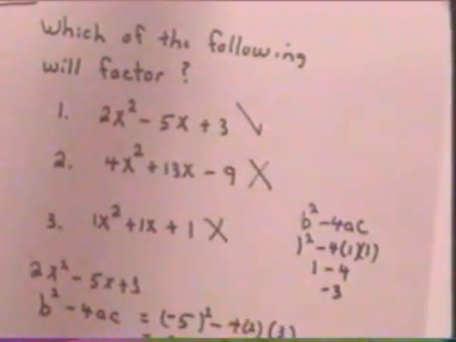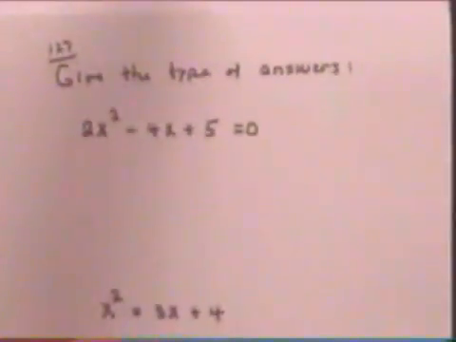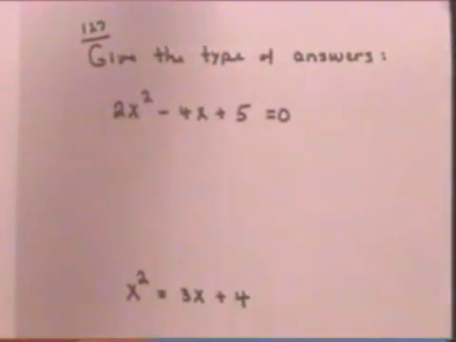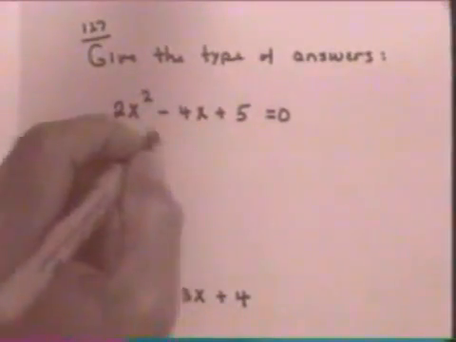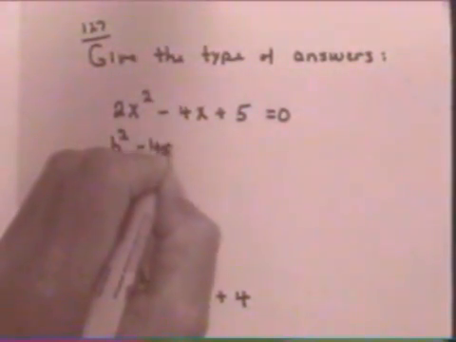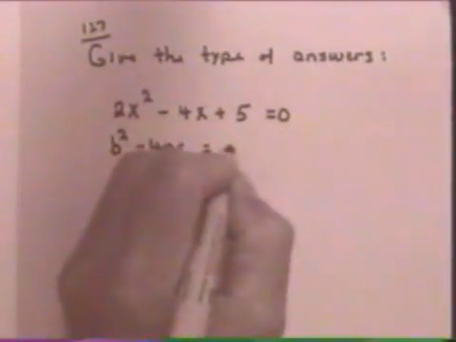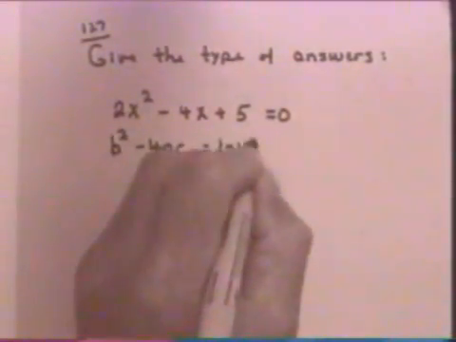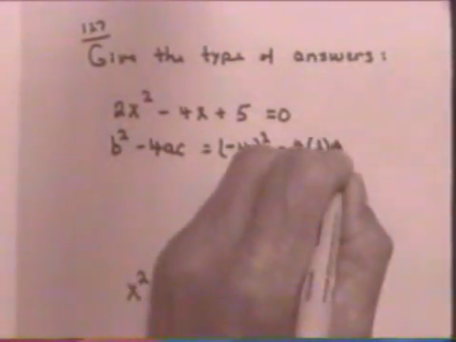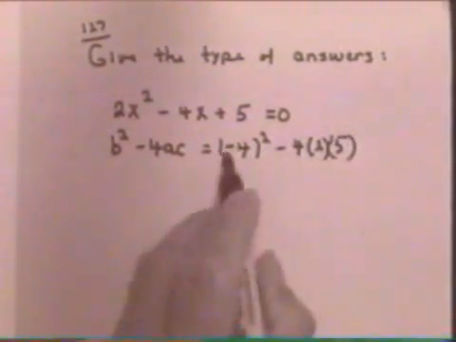Another good use of the discriminant is to determine what type of answers you'll have before you solve. So let's give the type of answers. To find the type of answers, I need to evaluate the discriminant, which is b squared minus 4ac. So it would be negative 4 squared minus 4 times 2 times 5.